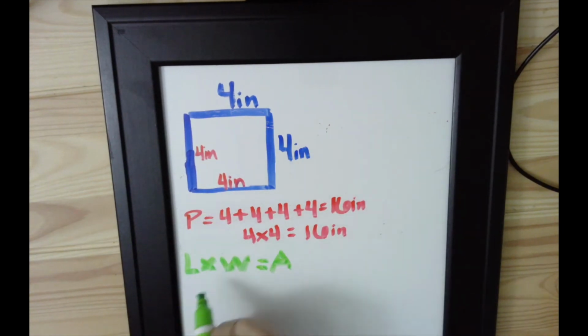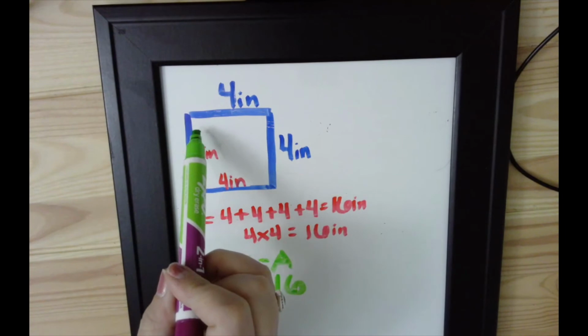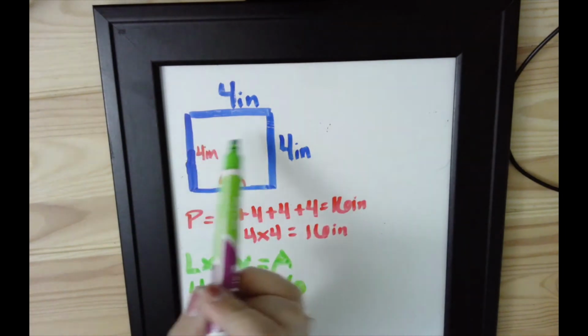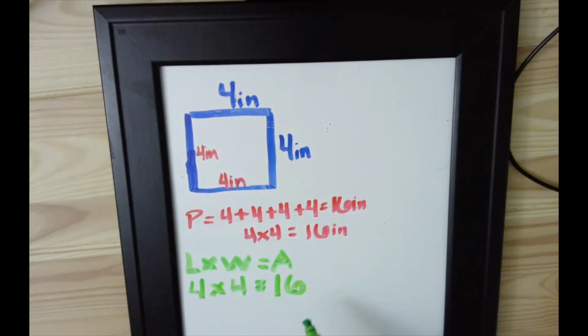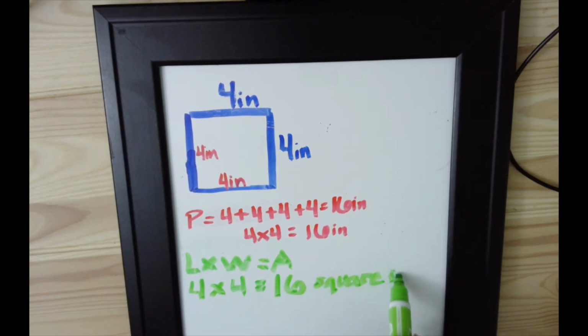Length is 4 inches times width is 4 inches. The area is the same number as the perimeter, but here's where we get something different. We are finding how many square inches can fit inside this. So that's 16 square inches.